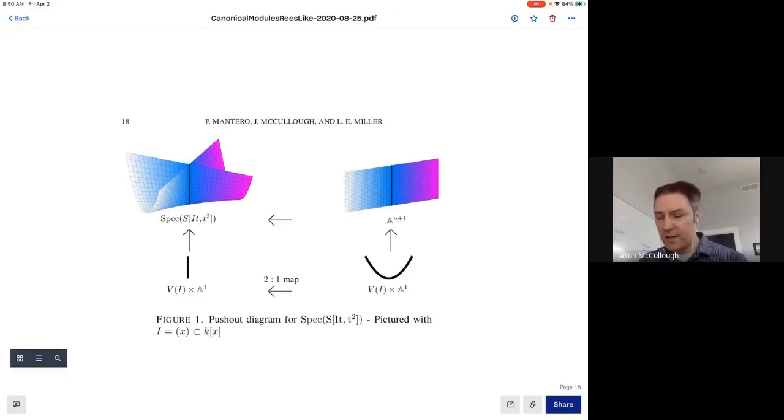And so what the Rees-like algebra, or the affine variety it corresponds to, looks like is affine space, except on this subvariety where you've done this 2-to-1 gluing. And so in general, that I think helps answer a lot of questions about what Rees-like algebras look like and why they're so nice. They're essentially flat off of their singular locus, and their singular locus is determined under this gluing construction.